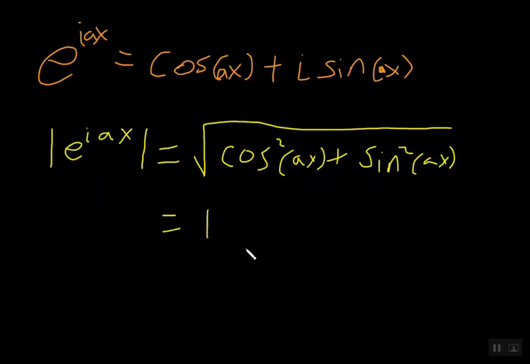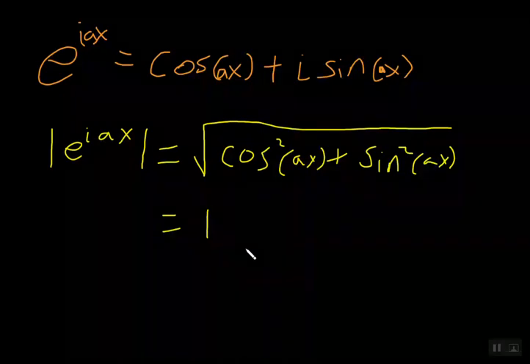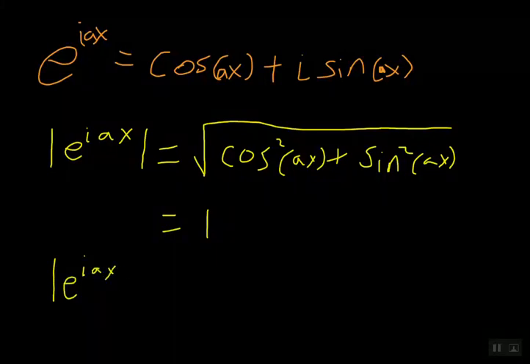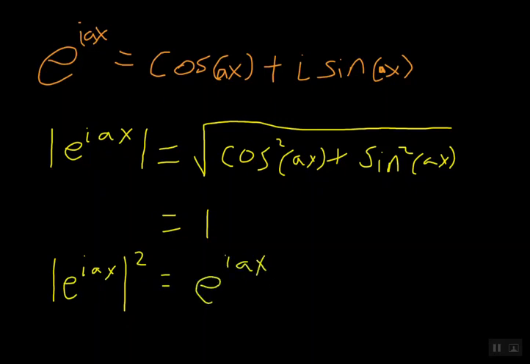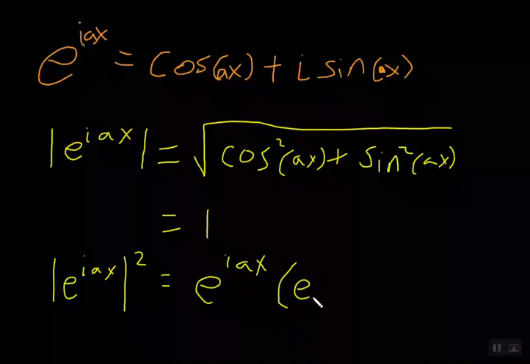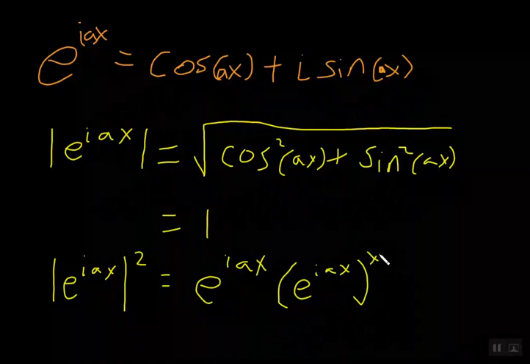And we can also see that knowing that the norm of e to the iax squared is equal to e to the iax times e to the iax complex conjugate.